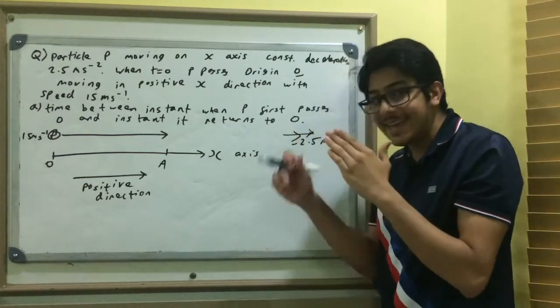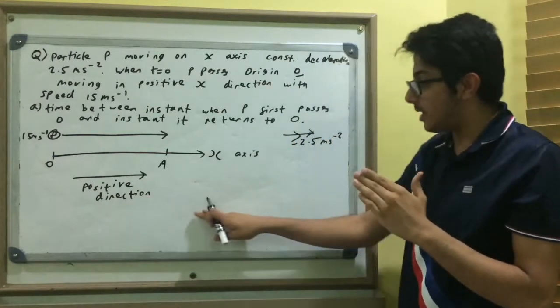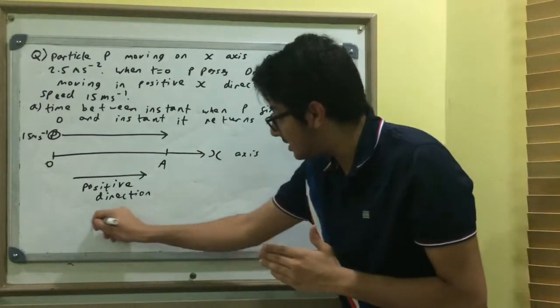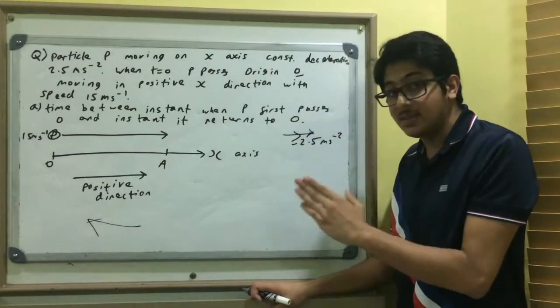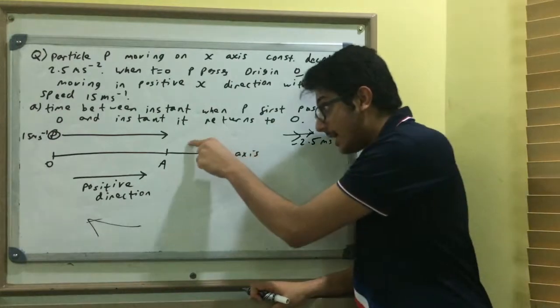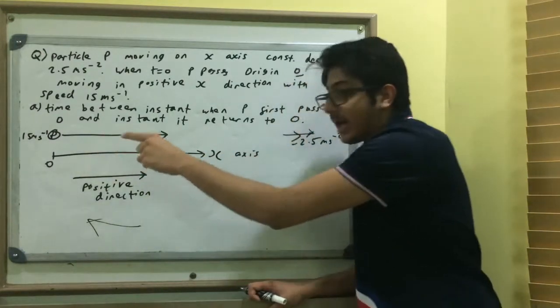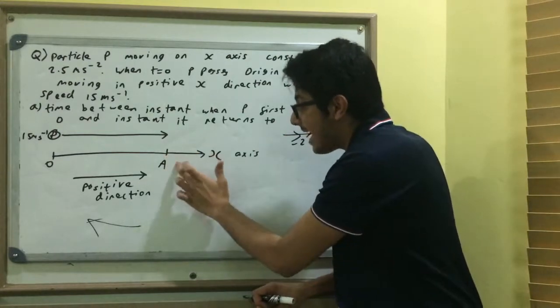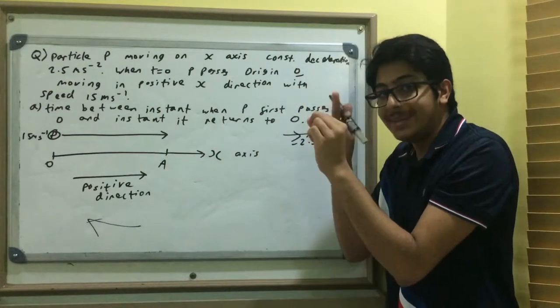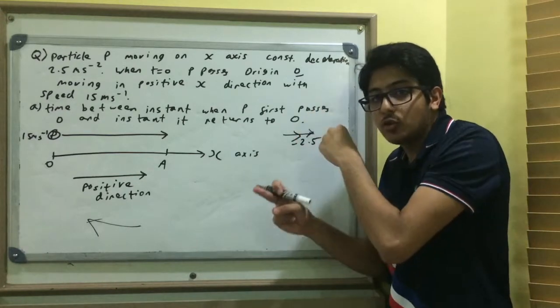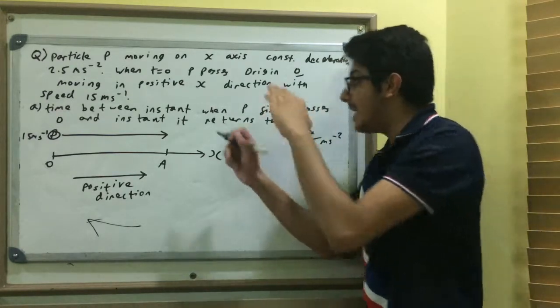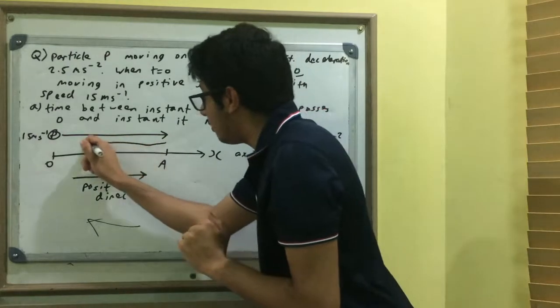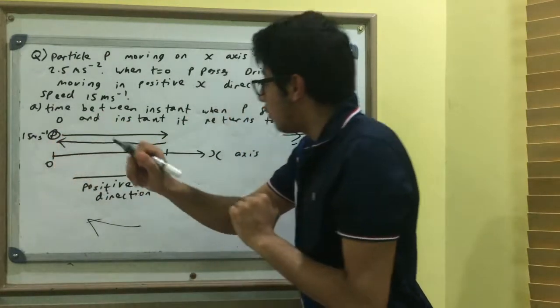And because it's negative, here's the positive direction, so the negative direction is this way. So when the velocity becomes negative, it starts to go back along the same path. And this point A is when it reaches 0. The instant it starts to go in reverse, when the velocity becomes negative, the particle returns.